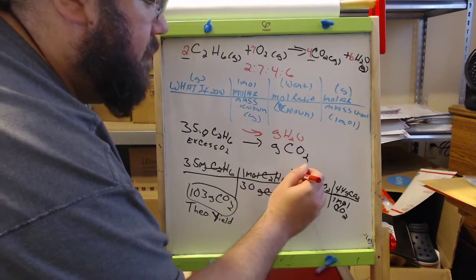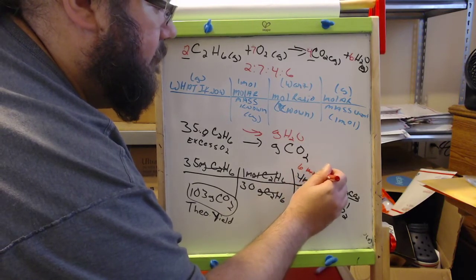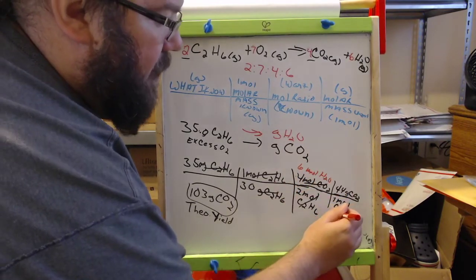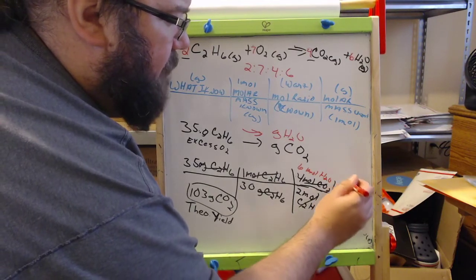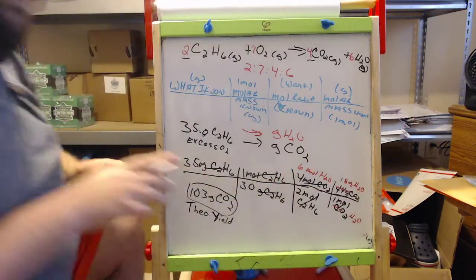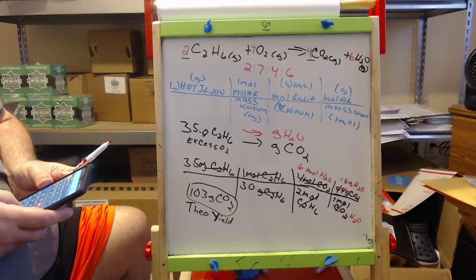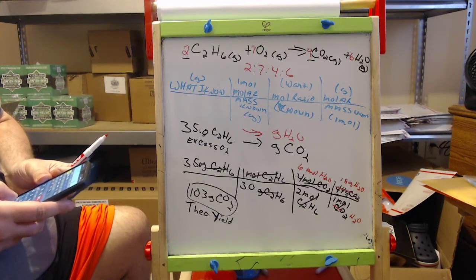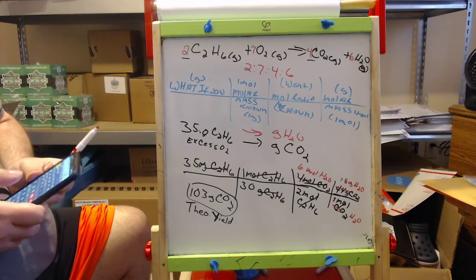But this would. This would now become 6 moles of H2O. This would become 1 mole of H2O. This would become 18 grams of H2O. And our value would be, let's see here, 35 divided by 30 times 6 divided by 2 times 18.